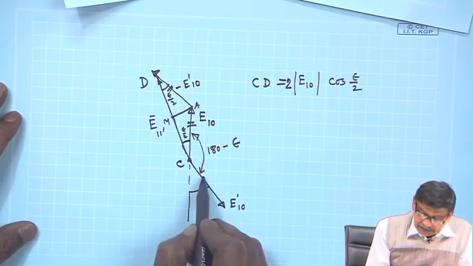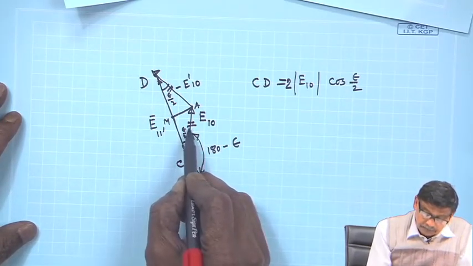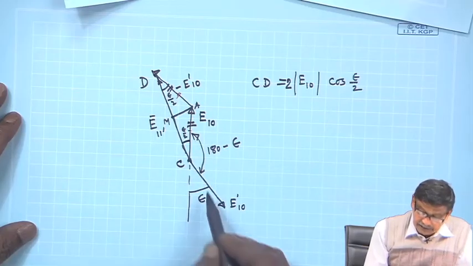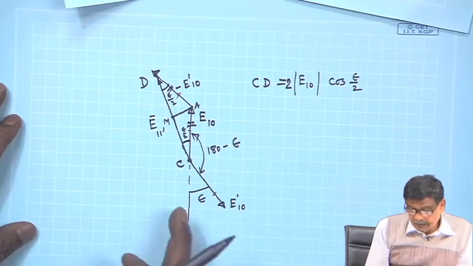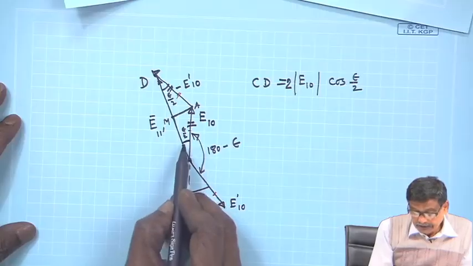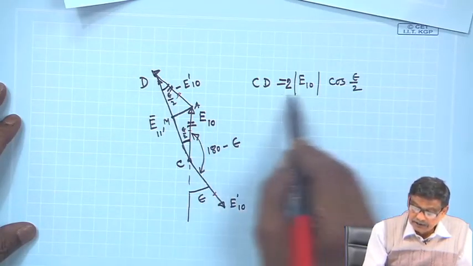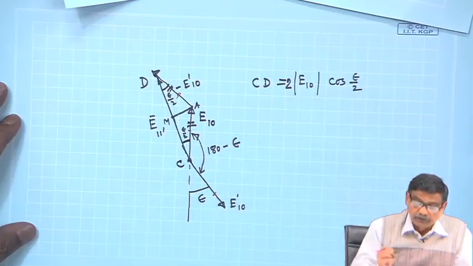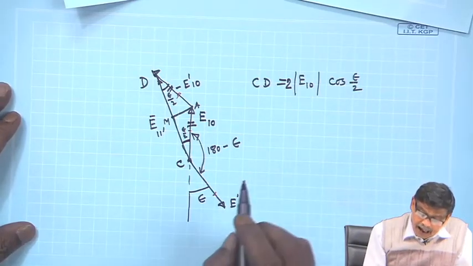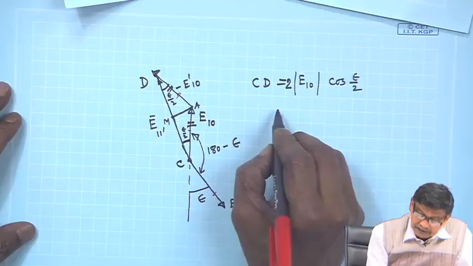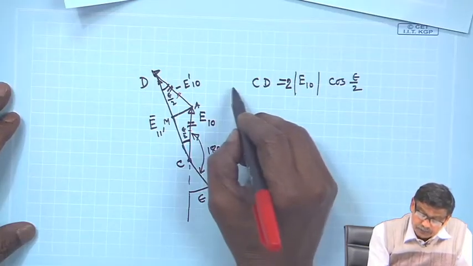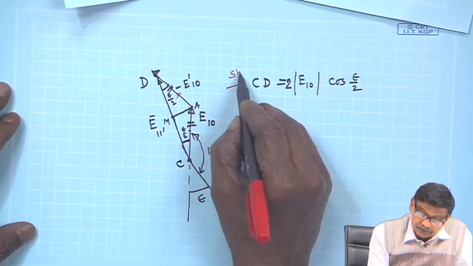These lengths are all equal, this length and this length are equal. By applying simple geometry, this is epsilon by 2 and the resultant voltage will be 2 E10 cos epsilon by 2, for short pitched.